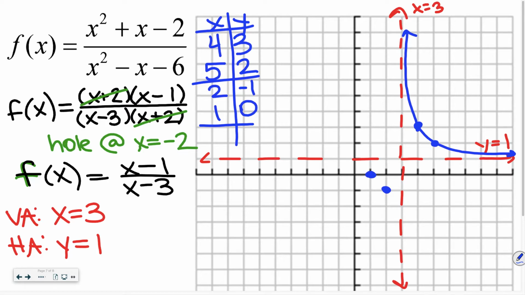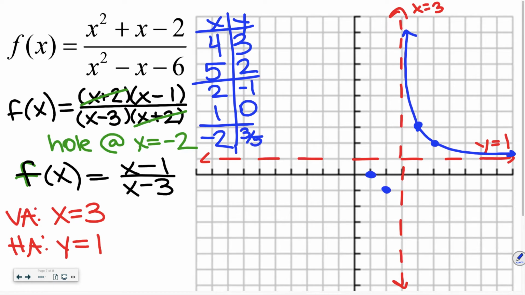Everything has been the same until now. We have a hole at x equals negative 2. So when I plug negative 2 into our simplified function, negative 2 minus 1 over negative 2 minus 3, we get 3/5.